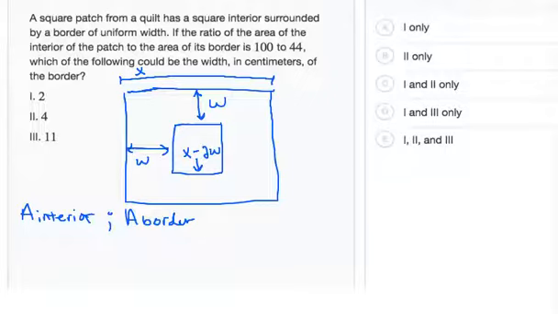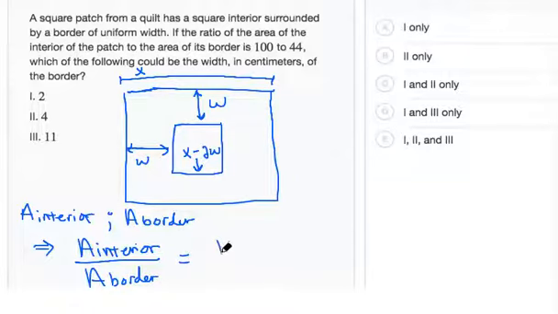Since the area of the square is length times width, that would be the inner portion, and the outer portion, we have the following equation when we consider the given ratio of the areas. So setting up our ratio of areas, the area of the interior of the quilt divided by the area of the border of the quilt is a ratio of 100 to 44.